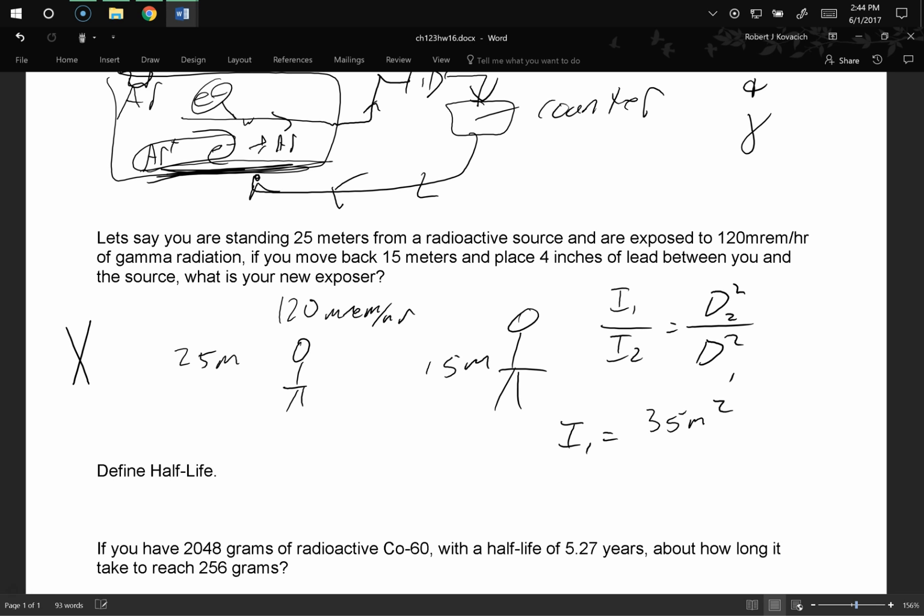35 meters squared, 40, not 35, can't do math. Meters squared. And then the intensity was 120 millirem per hour. All right, so I've got 40 squared divided by 25 squared times 120.